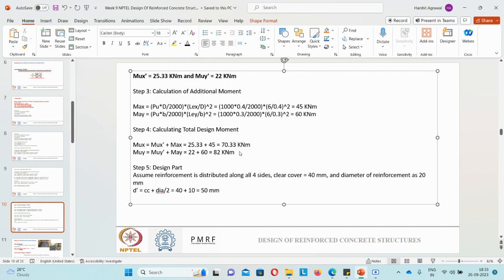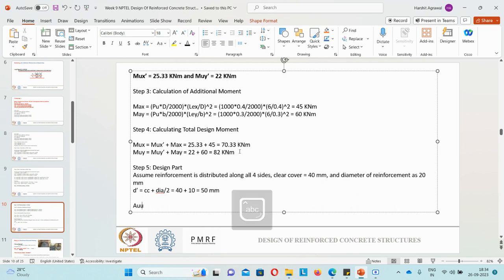So we need to choose a particular percentage of steel which will fulfill that condition. Remember the numerical that we did in the last class. For a biaxial loaded column, the same design procedure we need to opt now. Generally the percentage of steel we provide is between 2 to 8%.